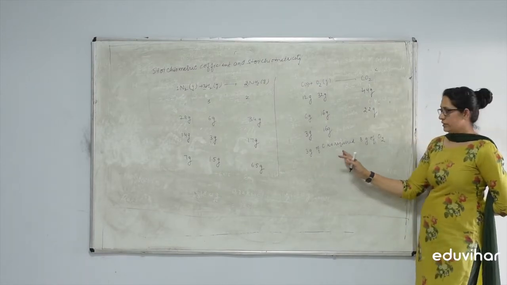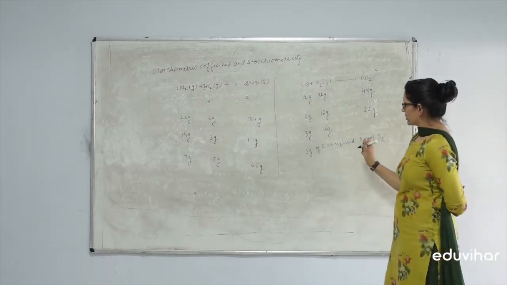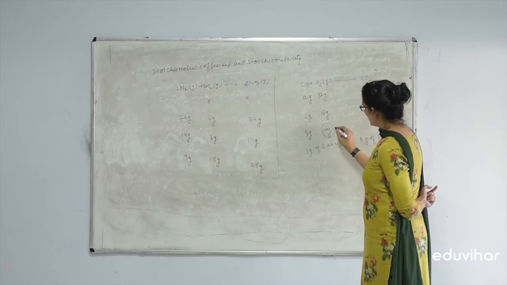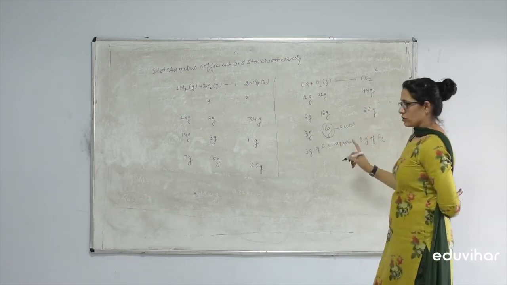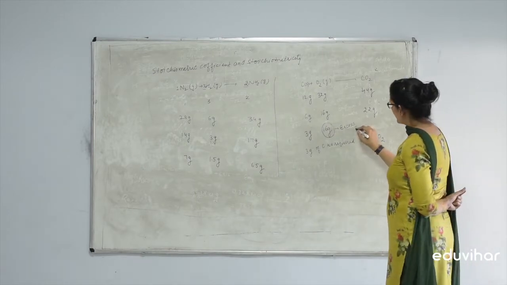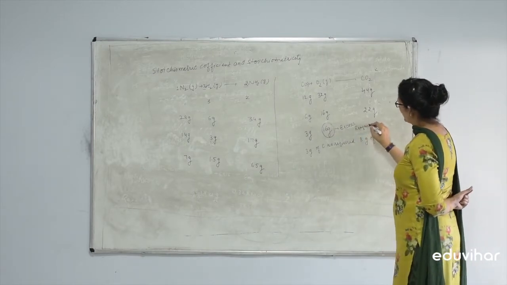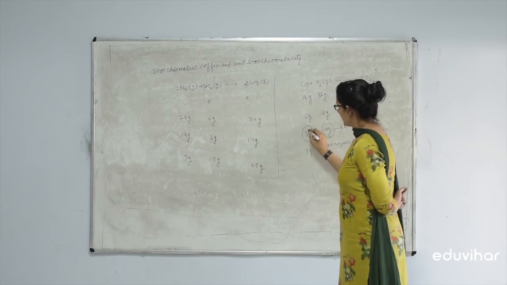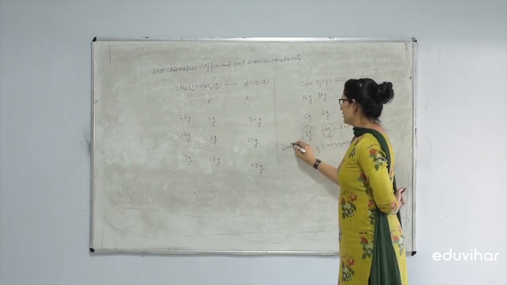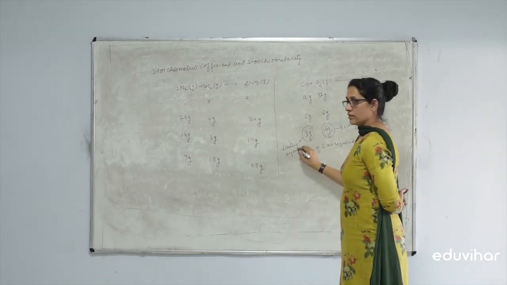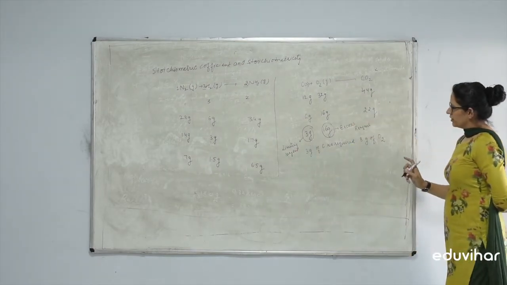It means this oxygen is present in excess, so this is known as the excess reagent. And this carbon is known as the limiting reagent.